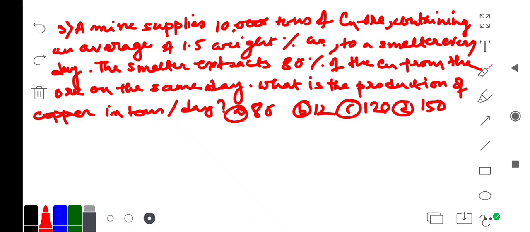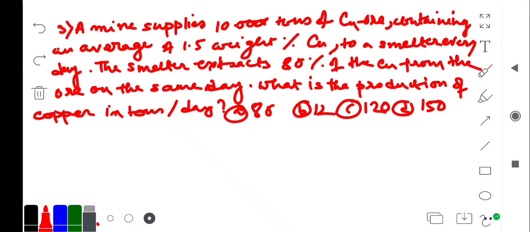So a mine supplies 10,000 tons of copper ore containing an average of 1.58% weight percentage of copper, Cu, to a smelter every day.